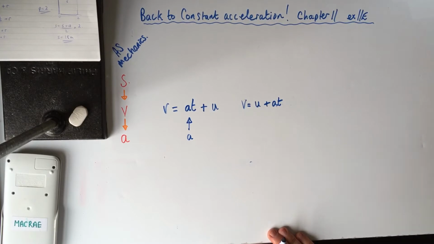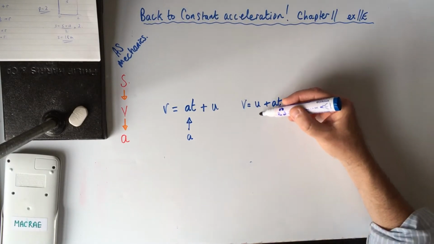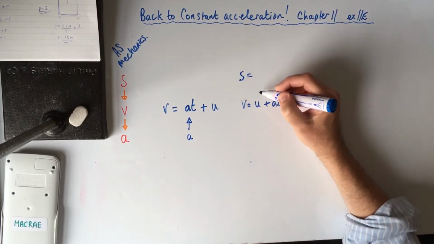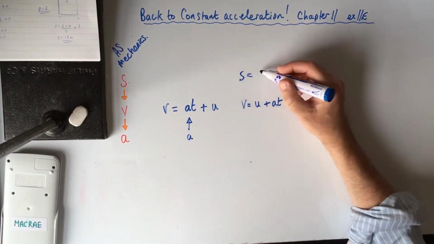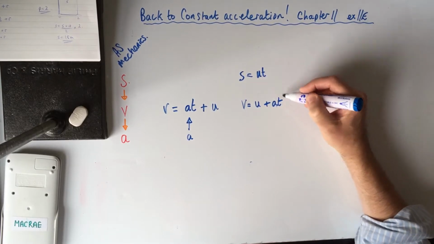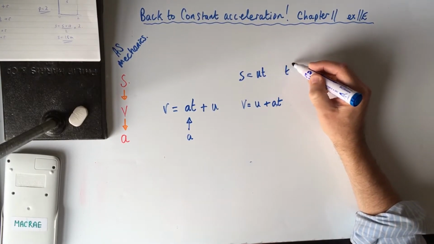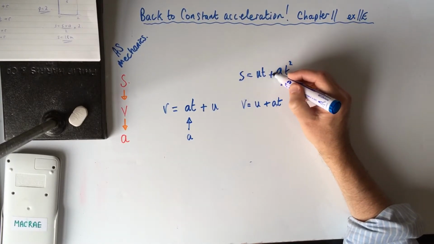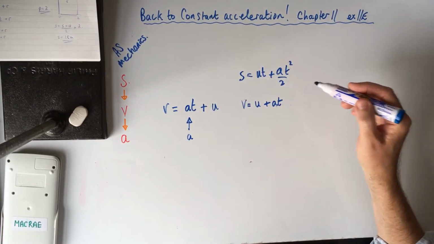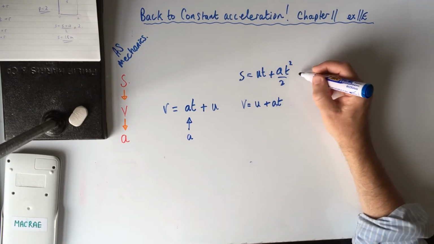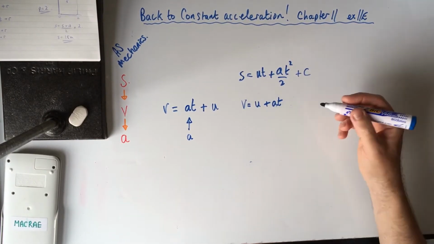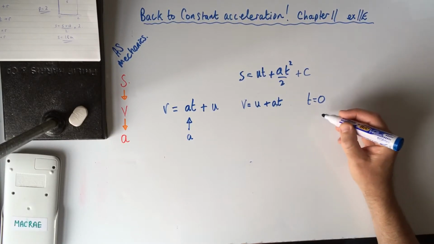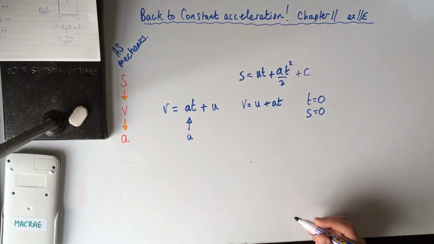And then again, if we integrate this up to the displacement, this becomes ut, and for the at term we add 1 to the power and divide by the new power, and you recognise that formula: s equals ut plus a half at squared. There's a plus c on the end there, but at the start of the simulation, when t is 0, the displacement is also 0.